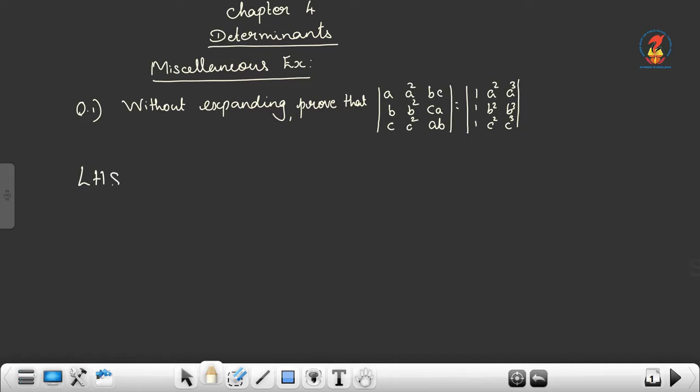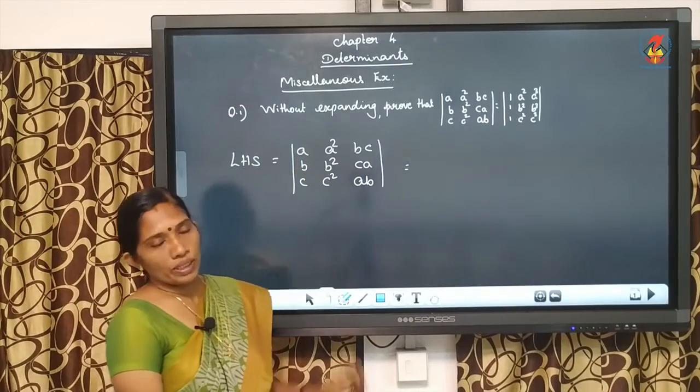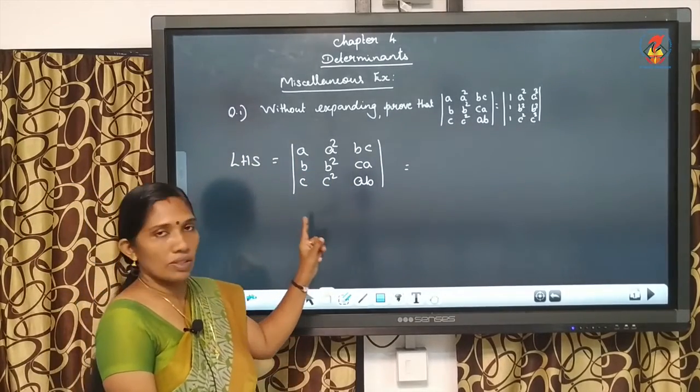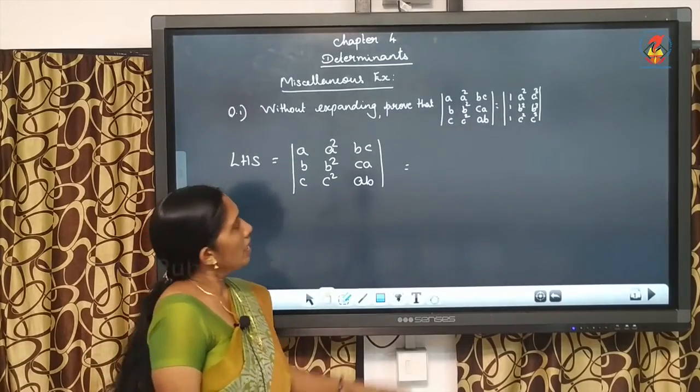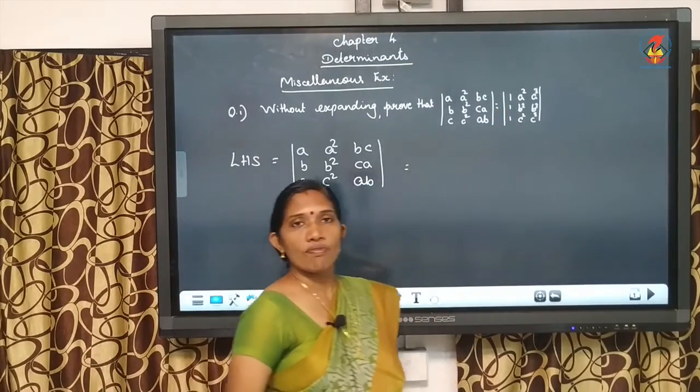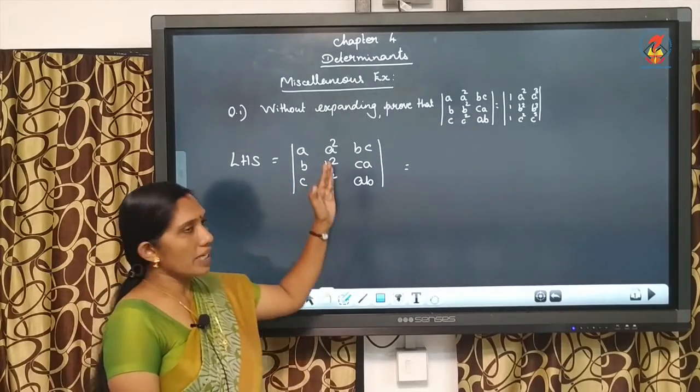So we write LHS: a b c, a square b square c square, bc, ca and ab. Now look here, in the first row nothing is common, second row, third row, like that, columns also. So we can't take anything outside. In the answer the first column is 1 1 1, so we have to take something outside.